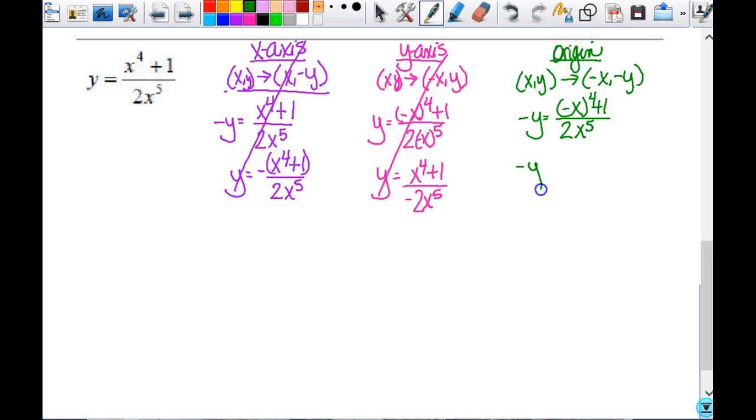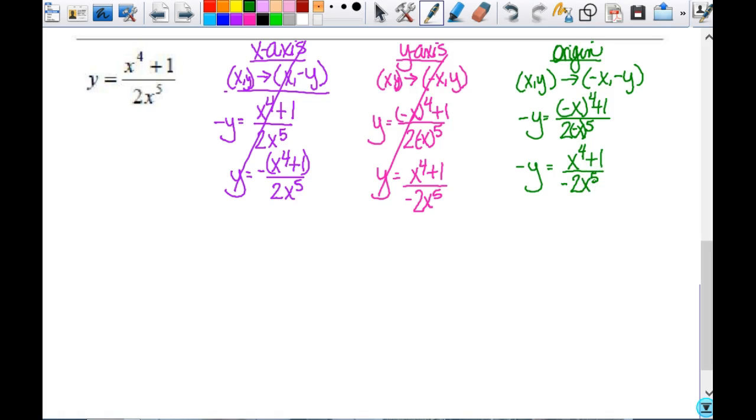So this gives me negative y equals x to the fourth plus 1 over 2... Oh, shoot. Back that up. That's supposed to be negative x to the fifth. I didn't plug that one in. So negative x to the fifth is negative x to the fifth, so this becomes negative 2x to the fifth.